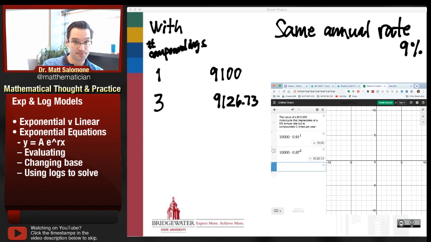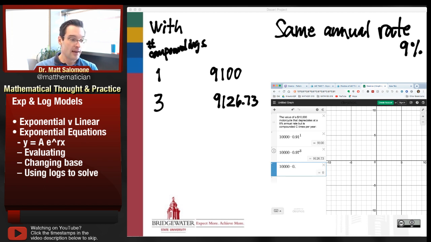What if instead of cutting it up into thirds, we cut it up into ninths? So every 52 divided by 9, every 6 weeks or so, we'll take away 1% of your motorcycle value. So that 9 times throughout the year, we're going to take 1% each of those 9 times. So that would be 9 compoundings. Let's figure out what the value would be in that case.